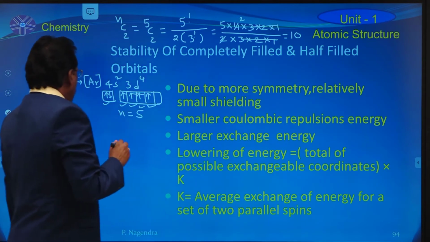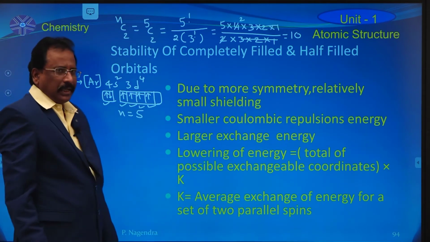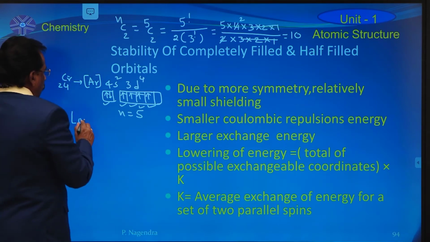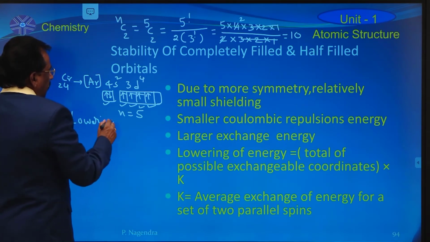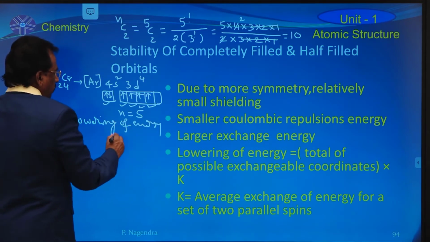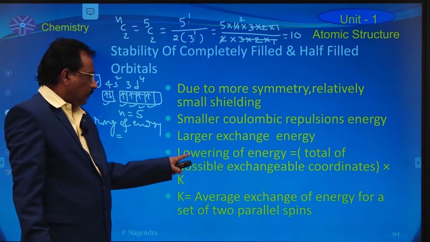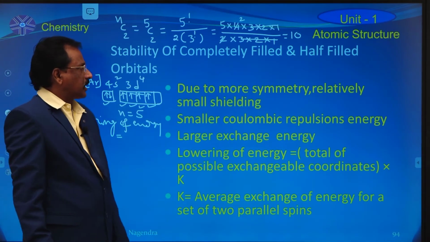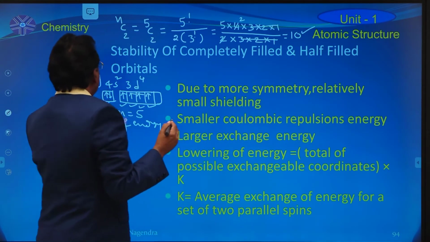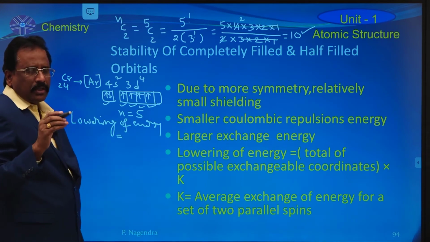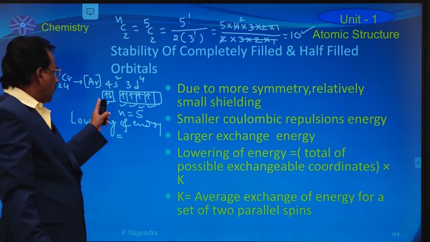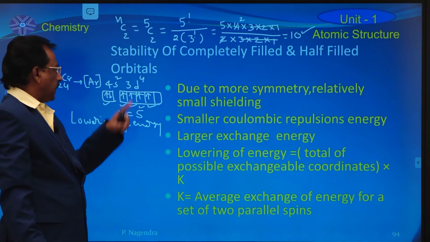So for the 4s2 3d4 outer electronic configuration, lowering of energy is equal to the total number of possible exchange coordinates, which is equal to 10 by using the permutation combination formula nC2, where n indicates the number of parallel spin electrons.